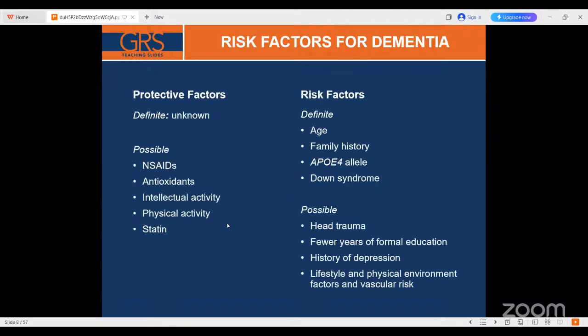So what are the risk factors for dementia? The most common risk factor is normal aging. With increased age, the percentage of dementia increases, and it is common in those over 65. Also, family history: a patient with a first-degree relative with dementia is most likely to develop dementia.